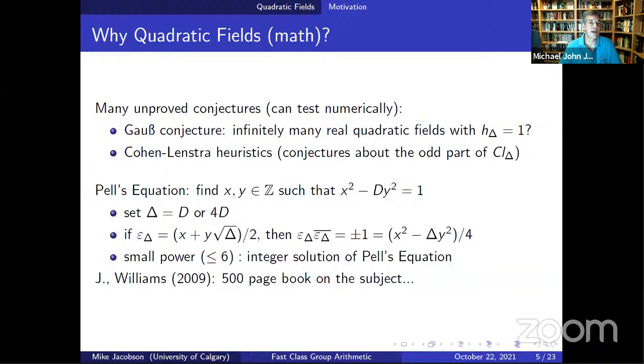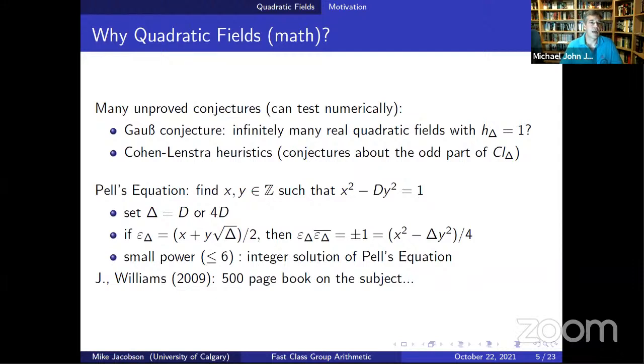I'll focus on some of the more computational aspects, which are most interesting to the stuff that I do. So one is that there are lots of unproved conjectures about basic properties of some of these invariants. From a computational sense, we have no idea how to prove these things, but what we can do is try to do large-scale numerical investigations in order to generate evidence for their truth.